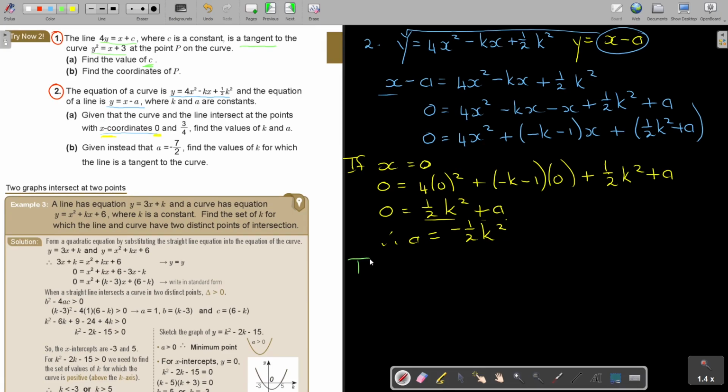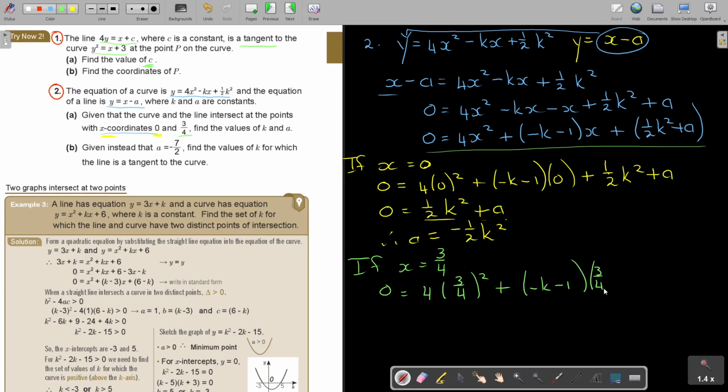Okay, let's go. If x is equal to 3/4. Okay, now I'm doing exactly the same in there. So I say 0 equals, and I start and I say 4, and I'm going to go for my 3/4 squared, plus minus k minus 1, and I go for my 3/4, plus a half k squared plus a.